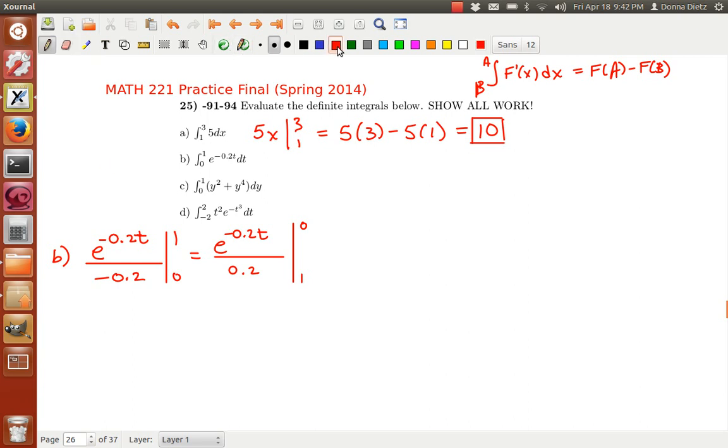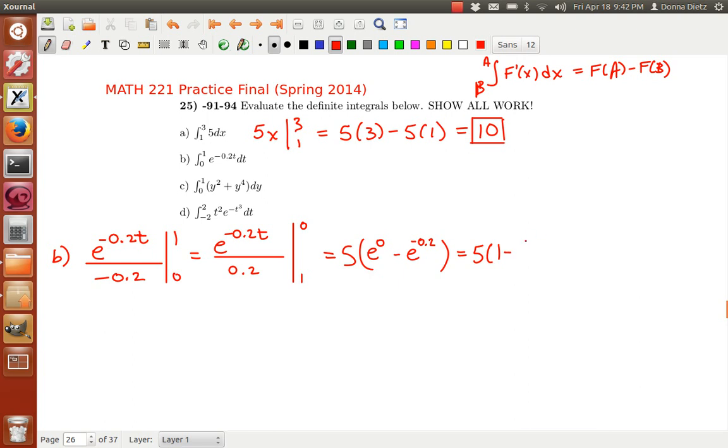Alright, so let's see. Divided by 0.2 is like times 5. So we have e to the 0 minus e to the minus 0.2. E to the 0 is 1.